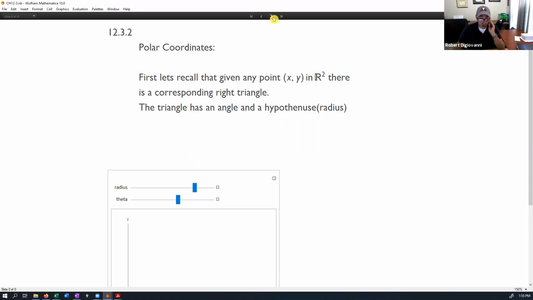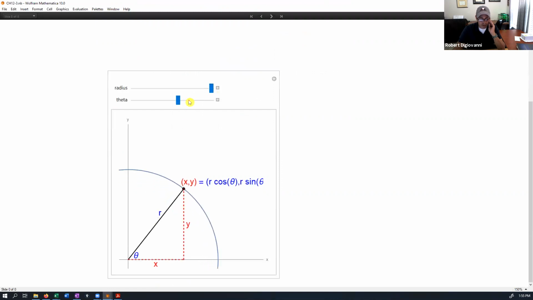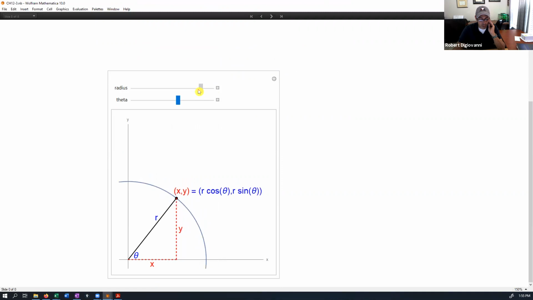So first, what are polar coordinates? Remember that if you're given any point x, y in 2-dimensional space, the x is how far you go on the x-axis, and the y is how far you go up or down.